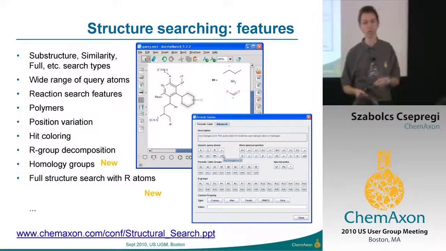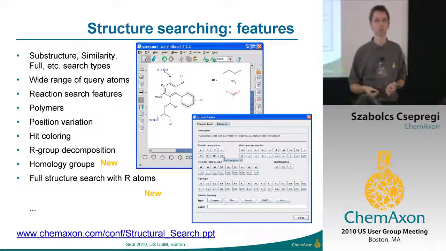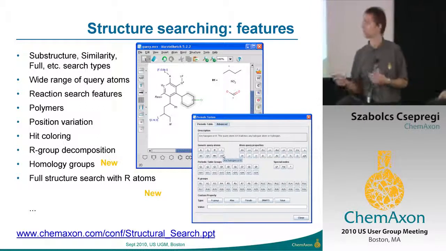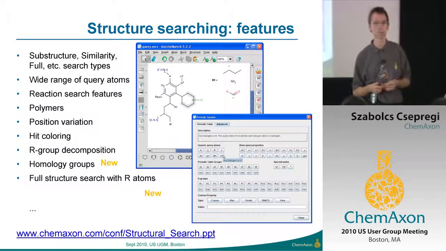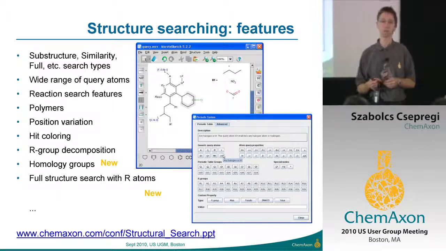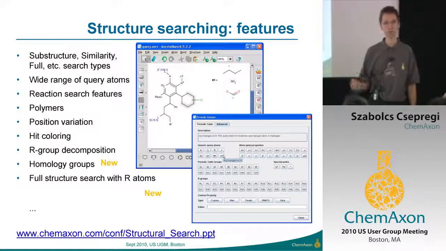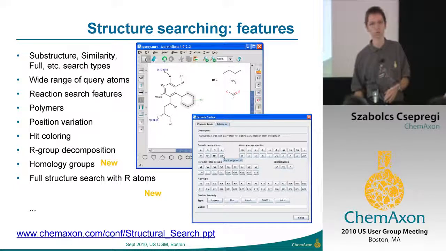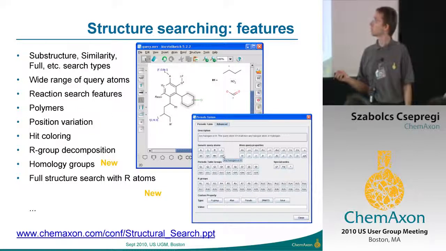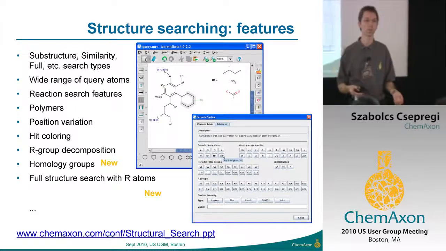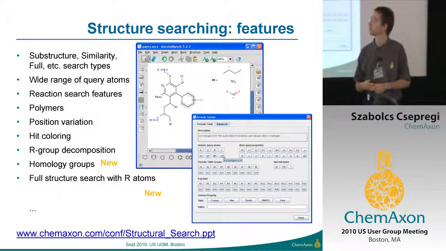There are lots of reaction searching features. Things like atom mapping and the reaction center can be specified. We can search polymers, different representations, source-based and structure-based polymer representations, and also different types of polymers can be represented and searched.